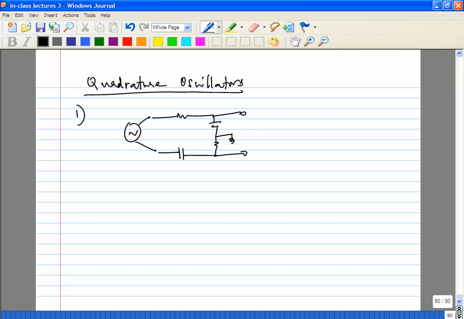So in reality you can have a true polyphase filter. To do that you need to have some kind of buffering. Definitely you cannot directly load the oscillator like that. So first of all you always want to have buffers, so that is one important thing. One of the specs you will see is you will have to drive some load. Typically it could be the mixer load, it could be something else.